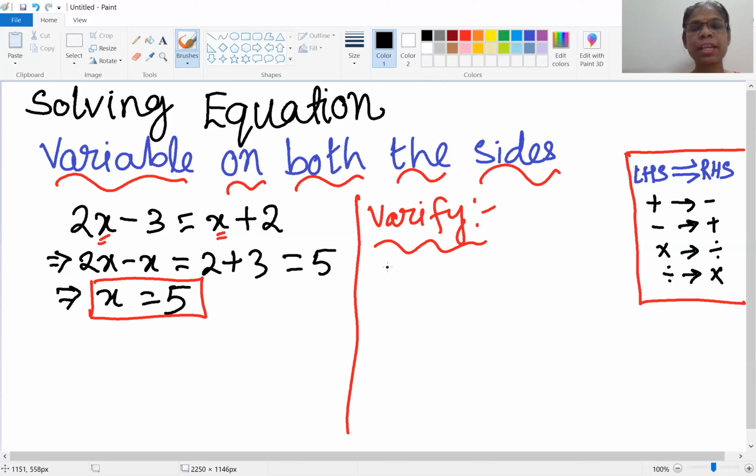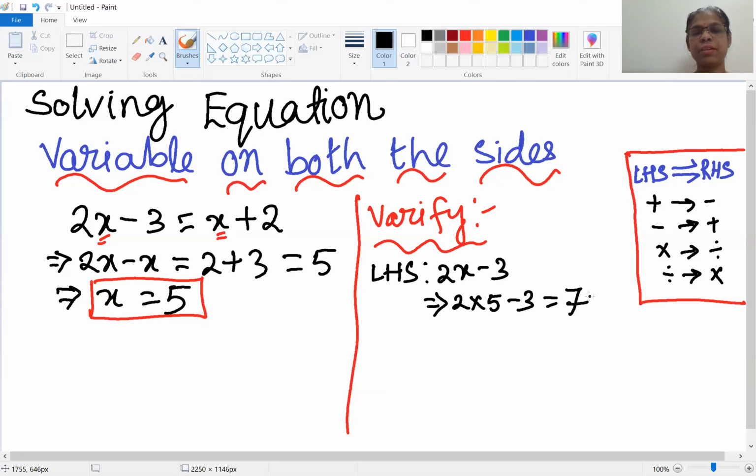So what is my left hand side value? My left hand side is equal to 2x minus 3. If I'm putting the value of x as 5, 2 multiplied by 5 minus 3, which is 10 minus 3 is 7.